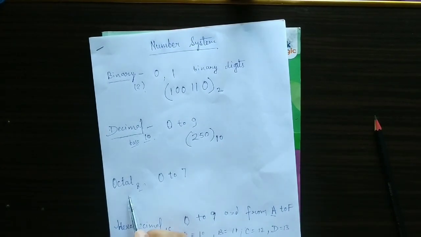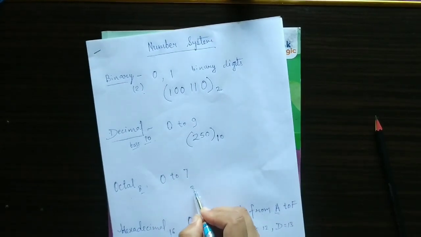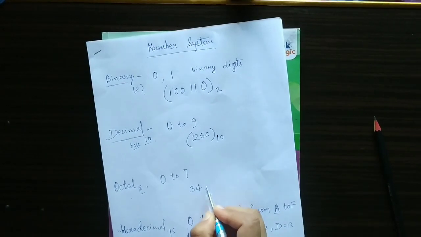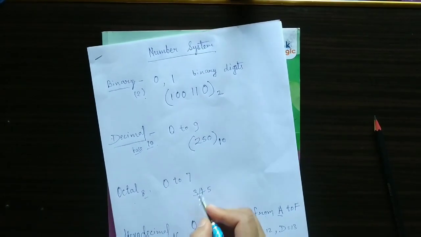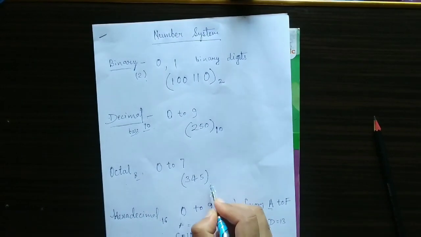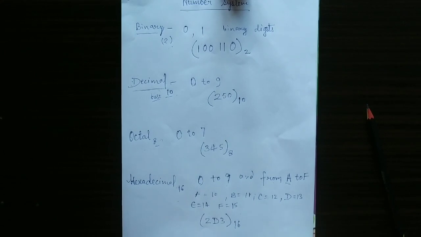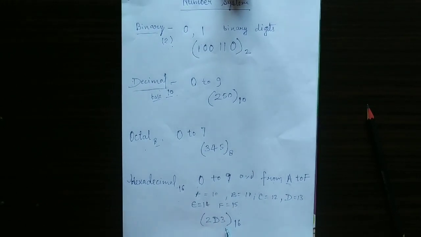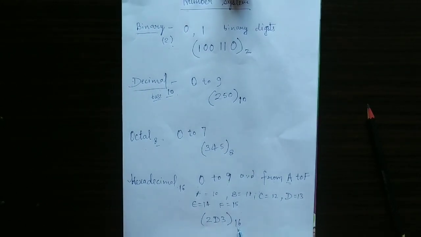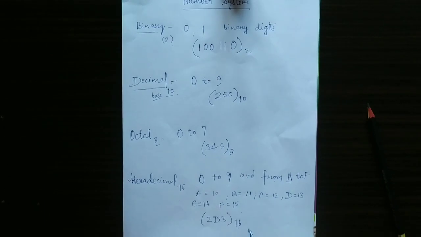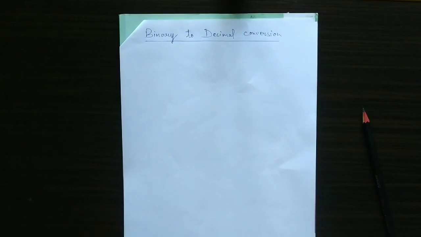Next, octal number, for example, number 345. It has base 8. Example of hexadecimal number system is 2D3, base 16.